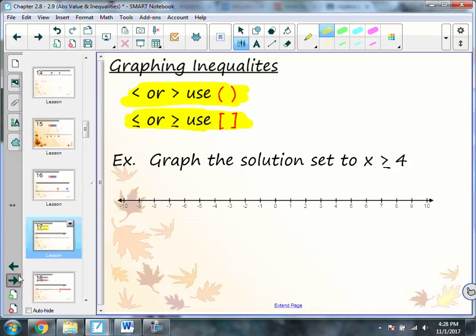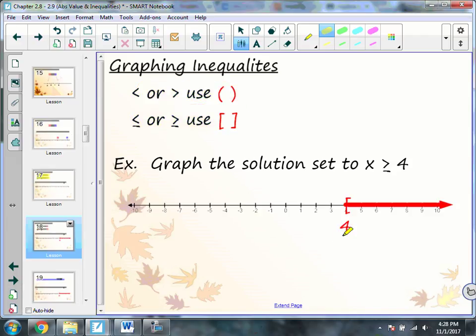On 4, I would put a bracket because it's greater than or equal to, and then I would shade to the right because these represent the numbers larger than 4. Another trick I learned is that the little arrow points in that direction, and so you shade in that direction as well. So there's our solution set.